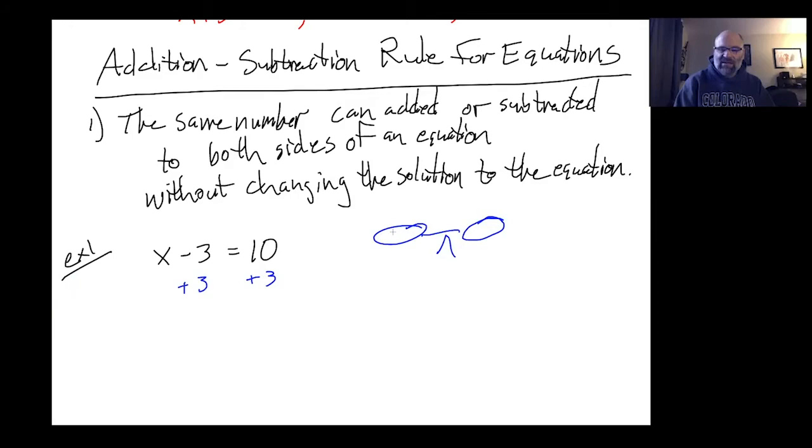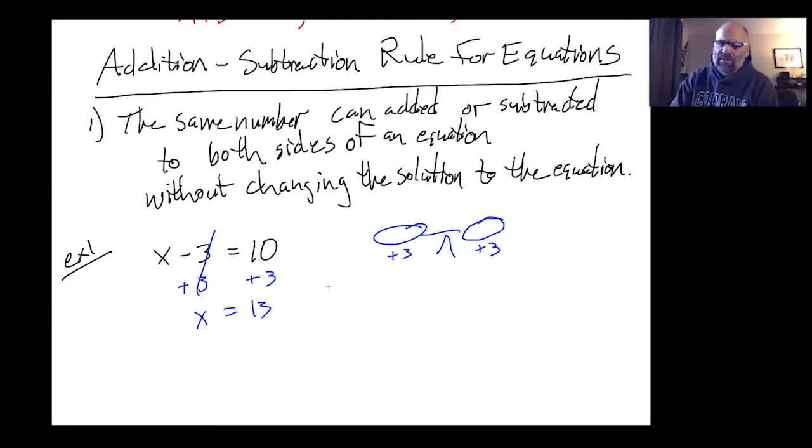If I had x minus 3, and I add 3 to both sides, it's still going to be the same weight. It's still going to be balanced. What happens if you subtract 3 and then add 3? That cancels itself out and you're back at x.